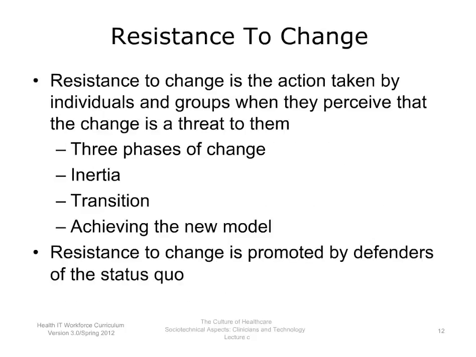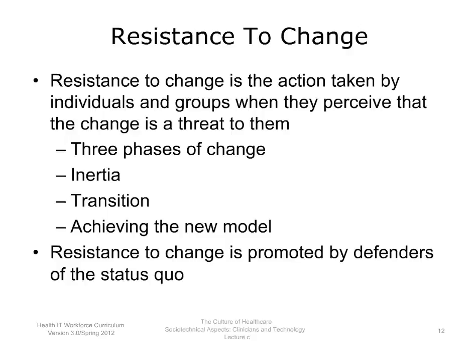Significant change in the healthcare industry is frequently accompanied by resistance to this change. Resistance to change is the action taken by individuals and groups when they perceive that the change is a threat to them. There are generally three phases of change. First, there is a period of inertia, when little is done.